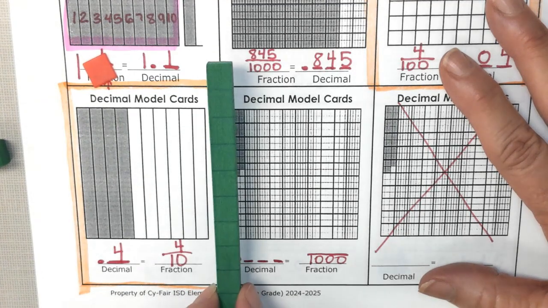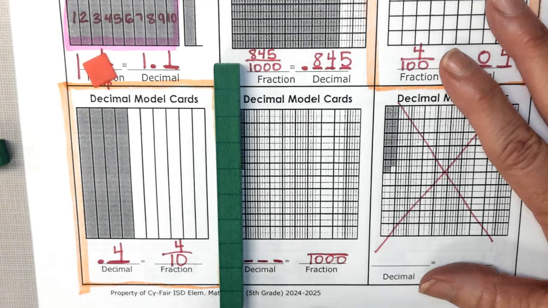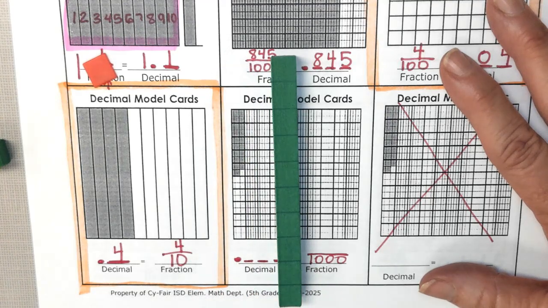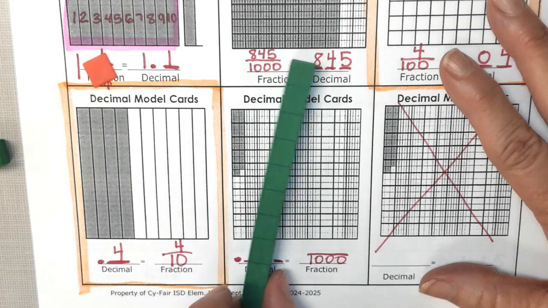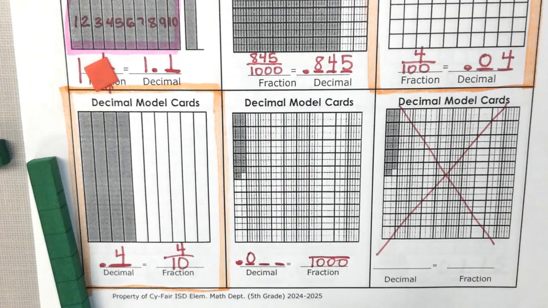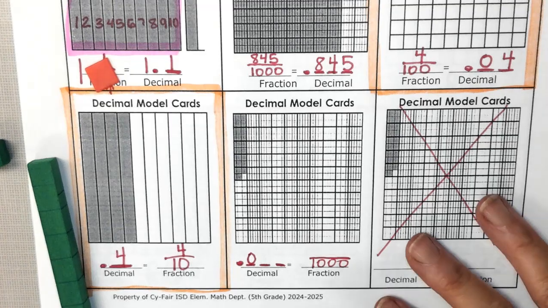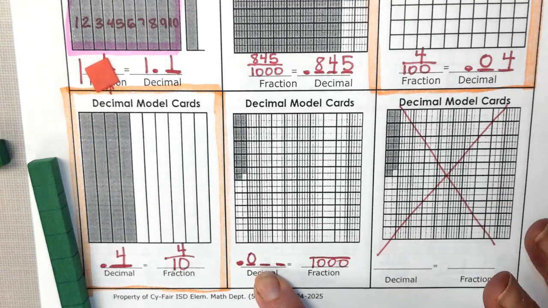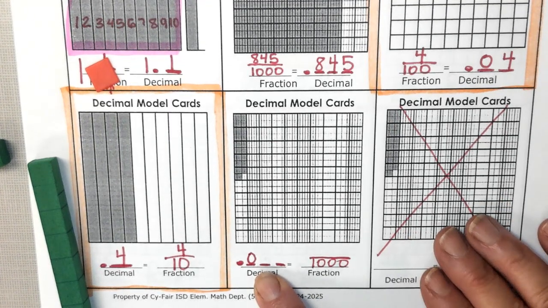How many tenths are in this model? Sophia, how many tenths are in this model? 0. 0 goes in the tenths place. How many hundredths are in this model? Emily.